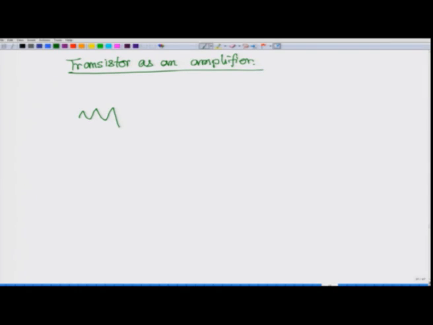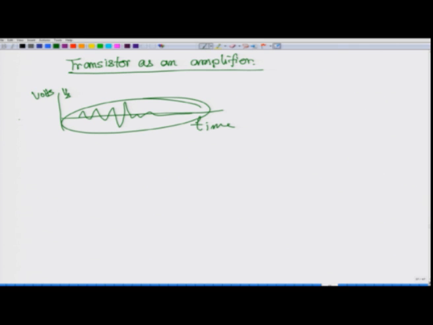You have some kind of small signal, I will not be able to draw it to scale. So, this is the time here, and then you have this voltage here. This is the signal voltage, and then what you want is to amplify. You want to keep the relative magnitudes the same, but all this is to be stretched.